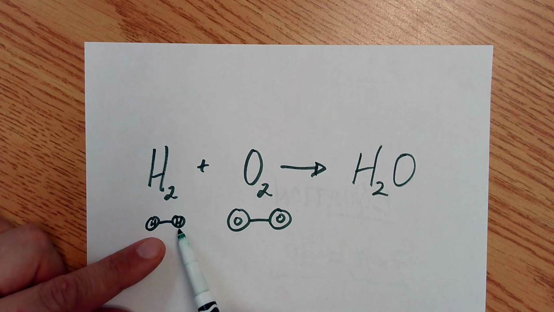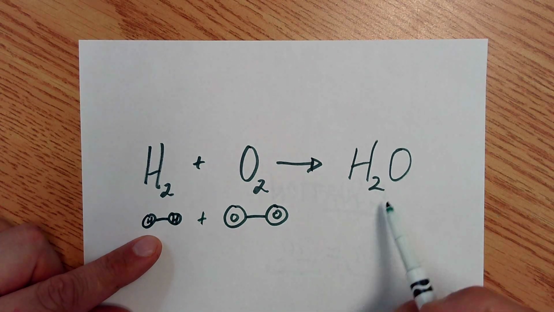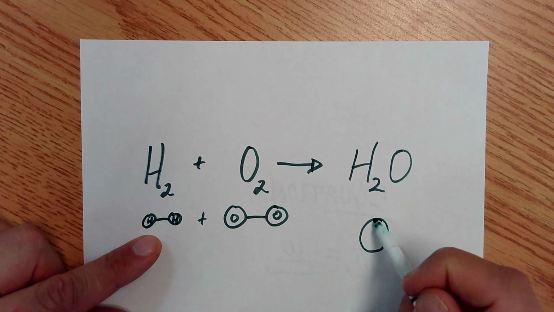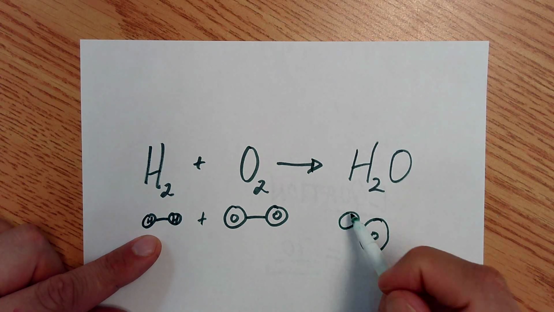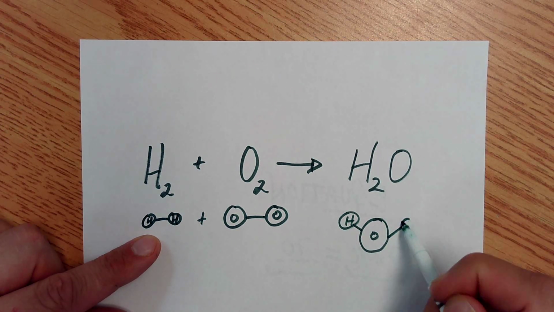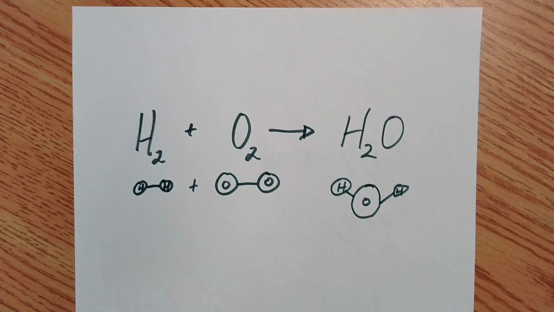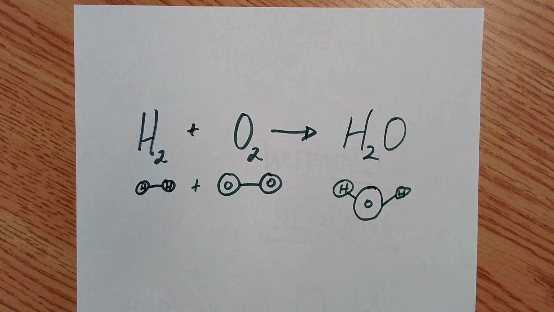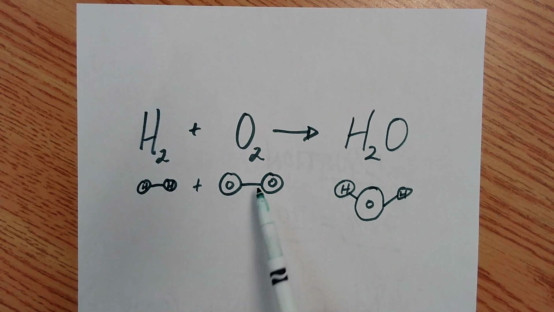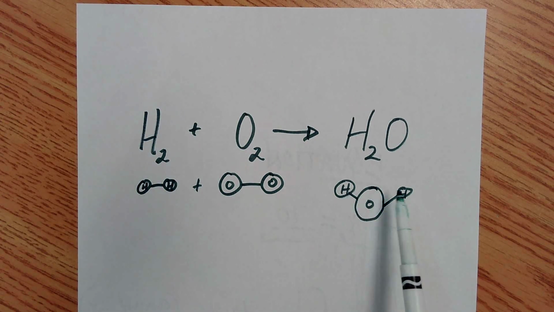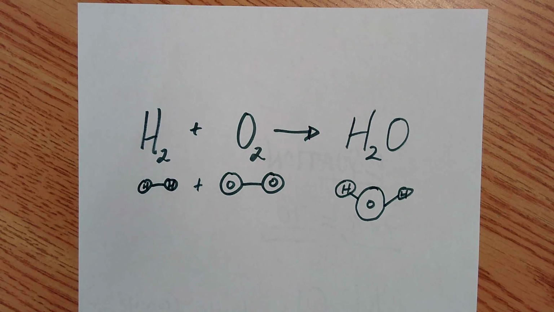So we have two hydrogens, two oxygens giving us H2O. And that 2 belongs to the H, so it's telling us there's two hydrogens, okay? Is this correct? Yes, it's absolutely correct. However, we have two hydrogens, we have two oxygens, and here we have two hydrogens and one oxygen, okay?